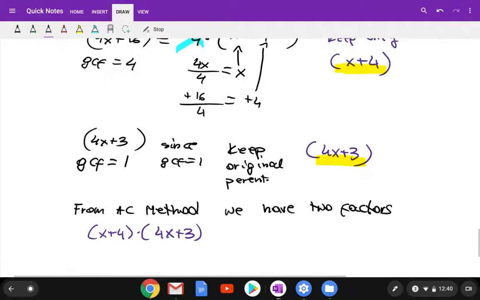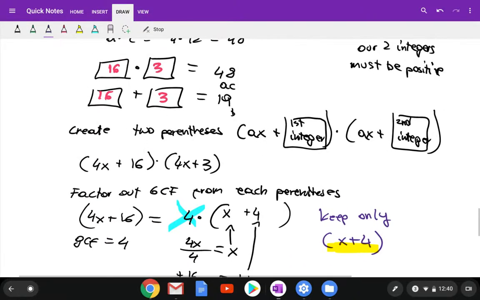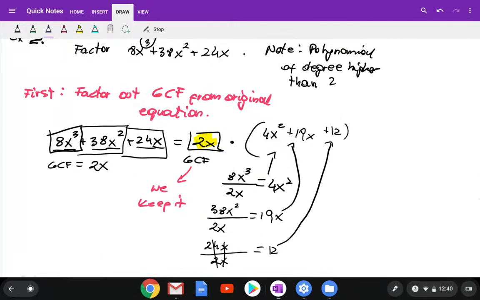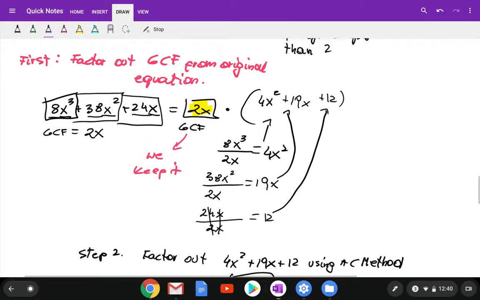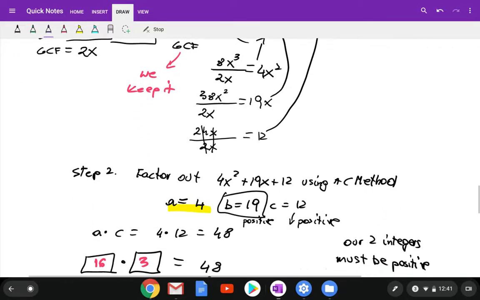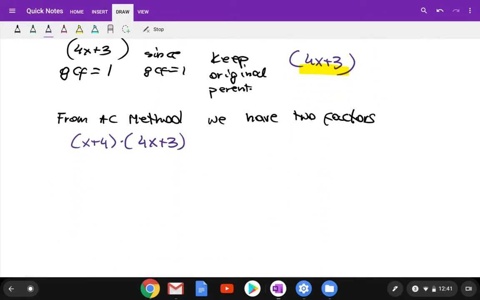Okay, so step 3, don't forget that we're factoring a polynomial of degree higher than 2. So step 3 will be rewriting the final answer using the original GCF, which we always keep, and the factors from AC method. So step 3.